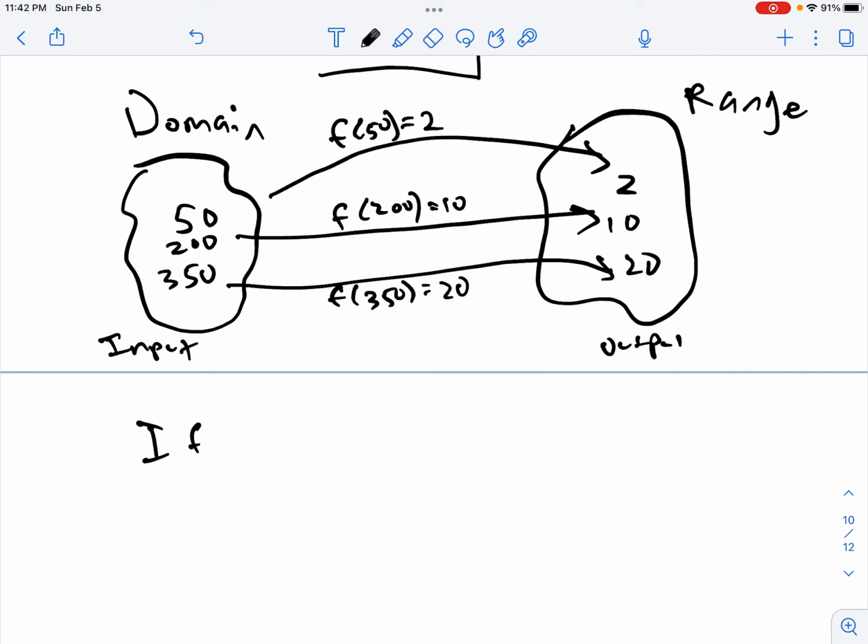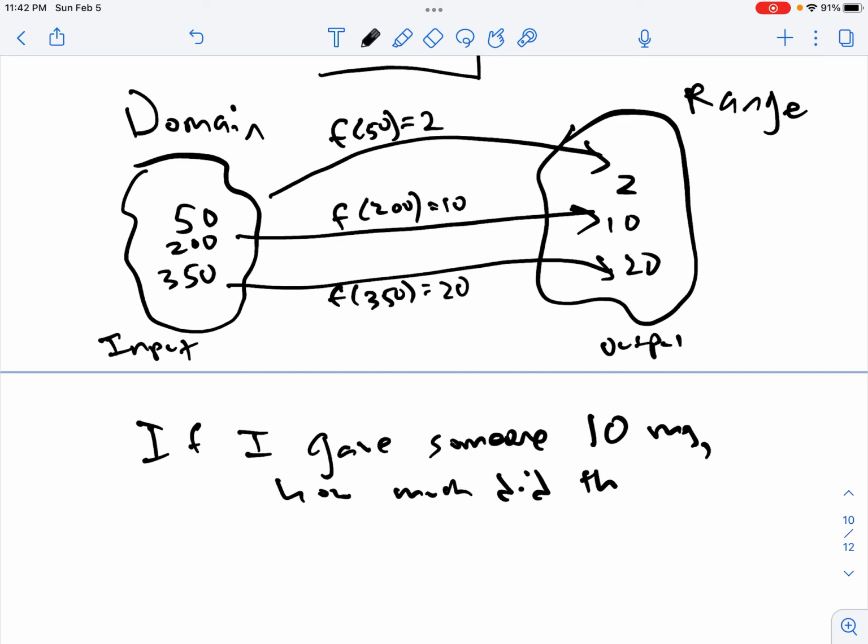If I, as an anesthesiologist, gave someone 10 milligrams, how much did they weigh? So f of x equals 10.